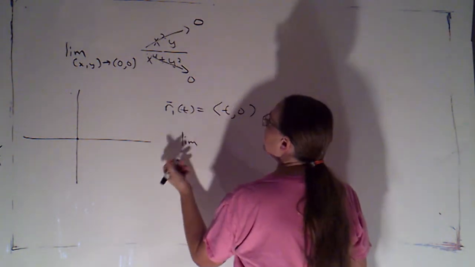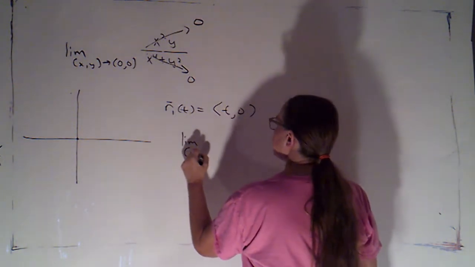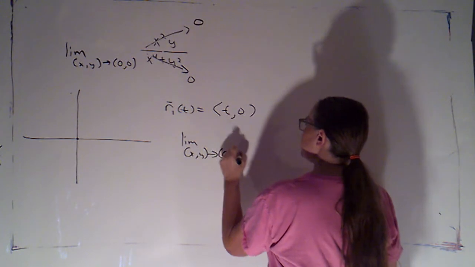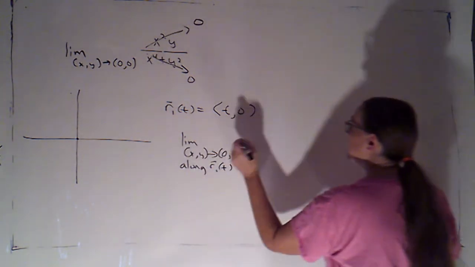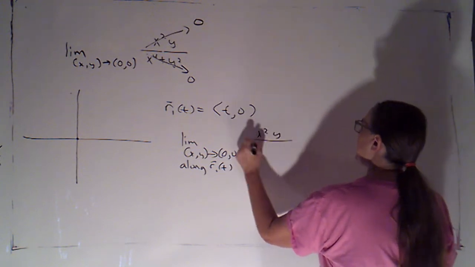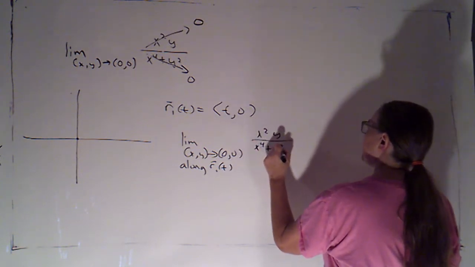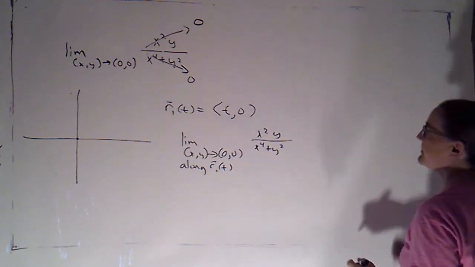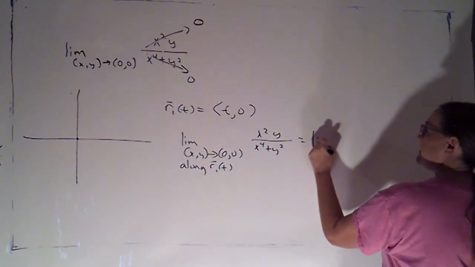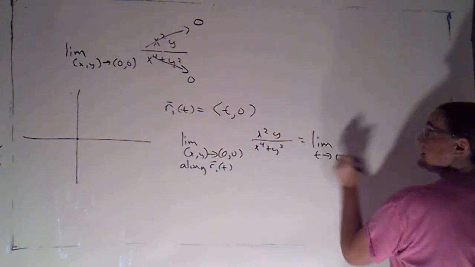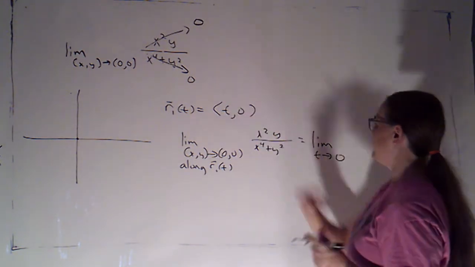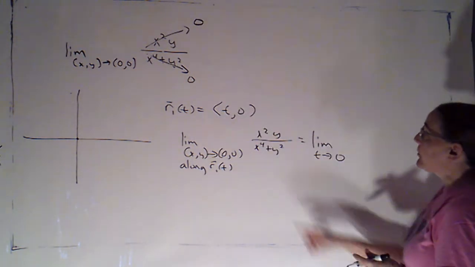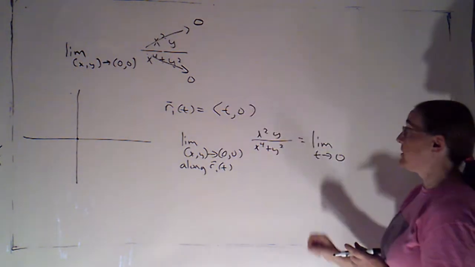Okay, so then we'd be taking a look at the limit as (x, y) goes to (0, 0) along R1 of t of x squared y over x to the fourth plus y squared. And that would be the limit as t approaches 0, the value t has to get close to for this to go to the origin. Now we're replacing our y's with zeros.